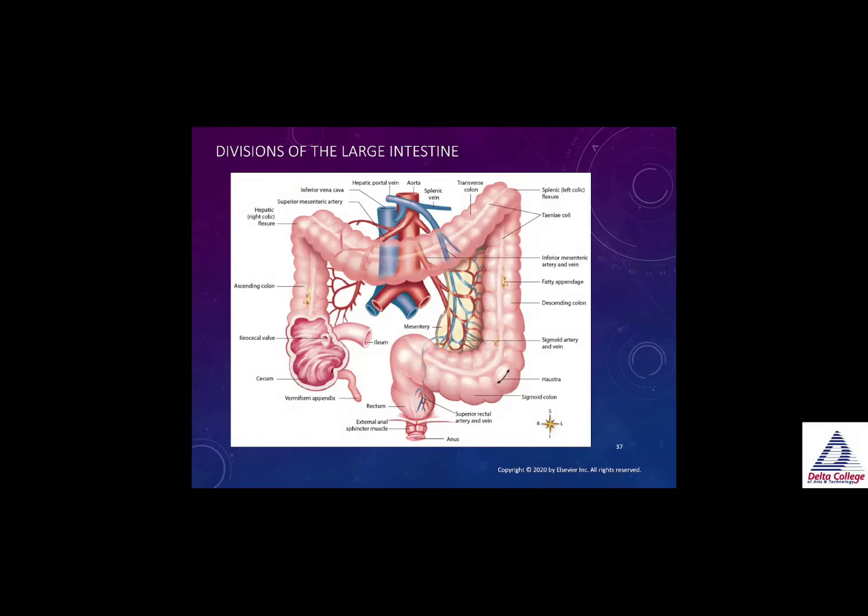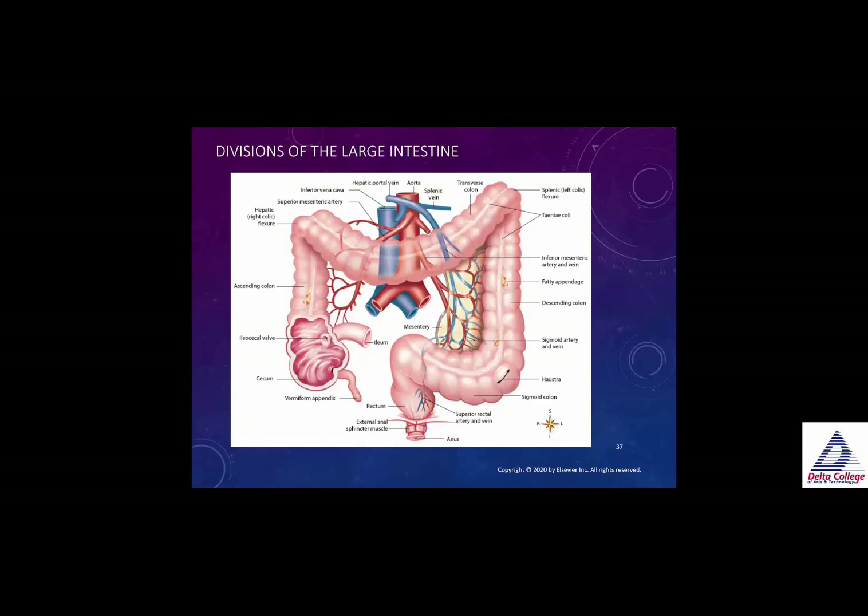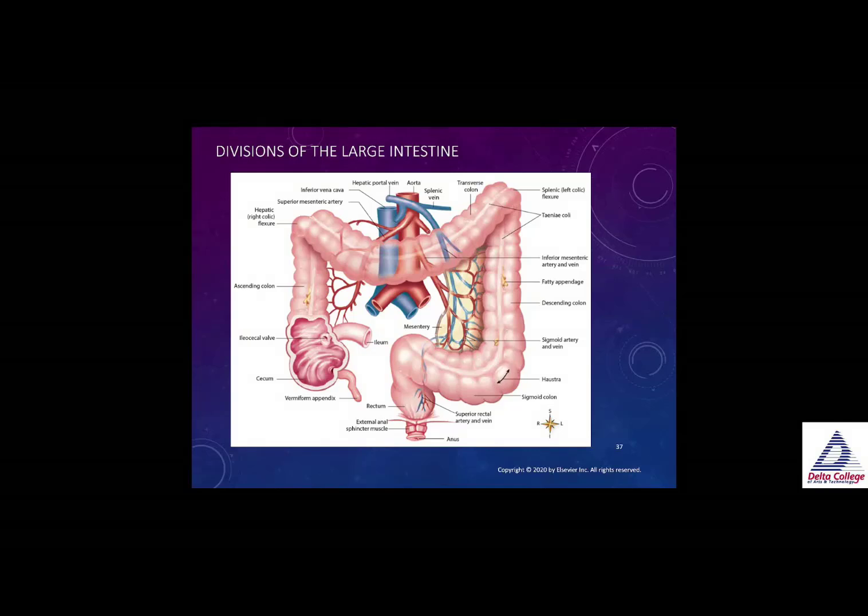And then as we go up the ascending colon, it goes towards the right, which is the hepatic flexure, which goes across the abdomen, and that's called the transverse colon, which eventually turns at the splenic flexure on the left side, goes all the way down, called the descending colon, until it gets to this slightly bigger S-shaped sigmoid colon, goes into the rectum, then goes out through the anal sphincter muscle, out the anus. And you've got that fatty mesentery and all of the blood supply there.